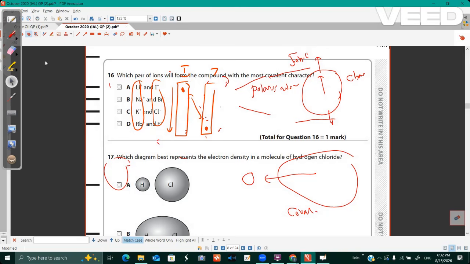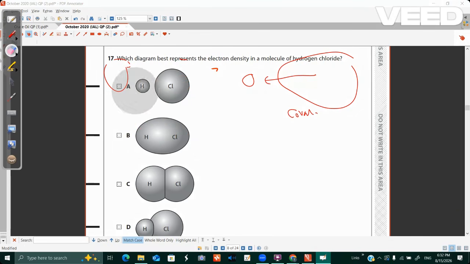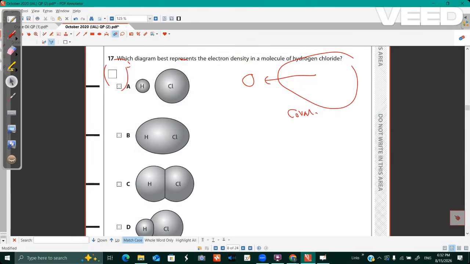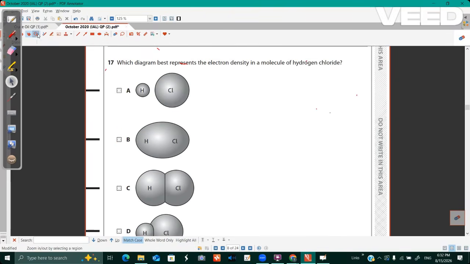Easy peasy, right? Easily you can get full marks for MCQs. One or two may go wrong because of careless mistakes. That is why I'm telling you, always look at all the answers. Then you won't make any careless mistakes.